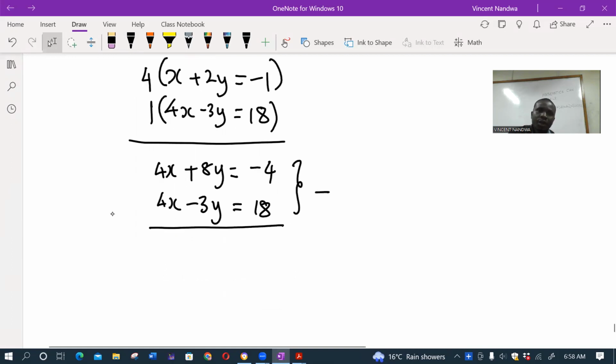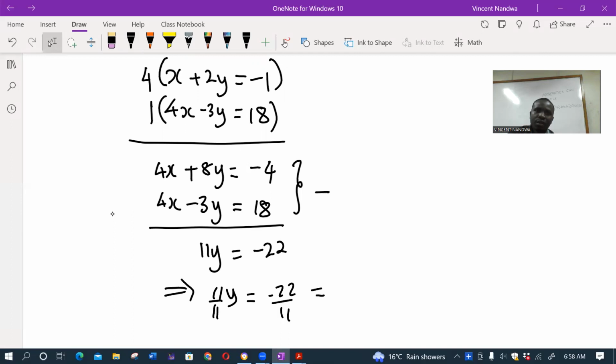So I'll get 8y minus 3y is 11y. Minus 4 minus 18 is minus 22, which means to get y, I divide through by 11, which gives me minus 2. Then with the y value, I can get the x value, say, from the first equation.